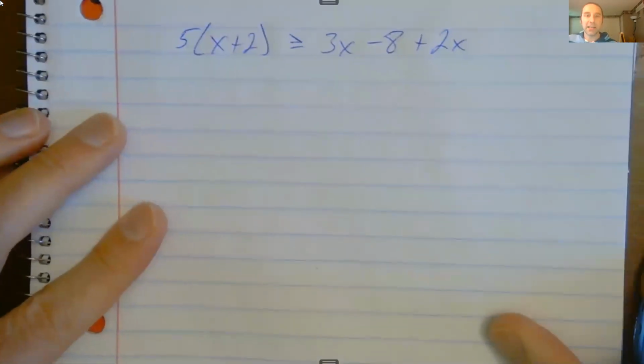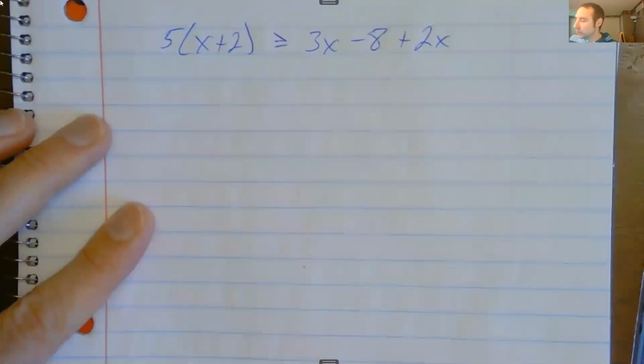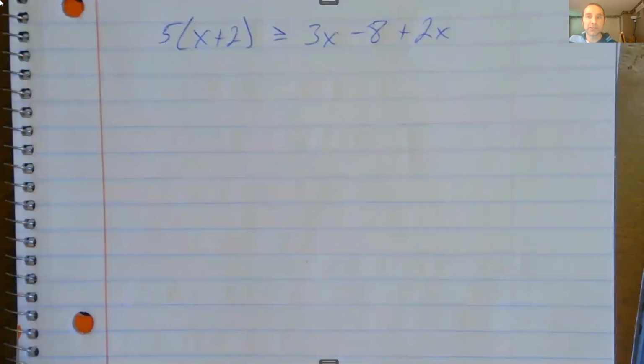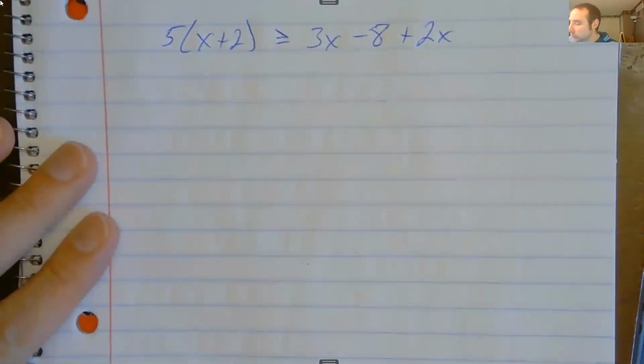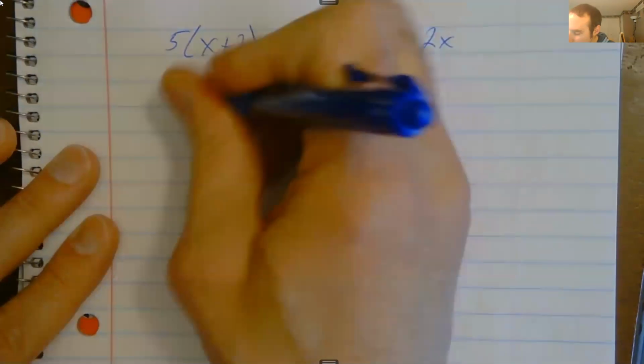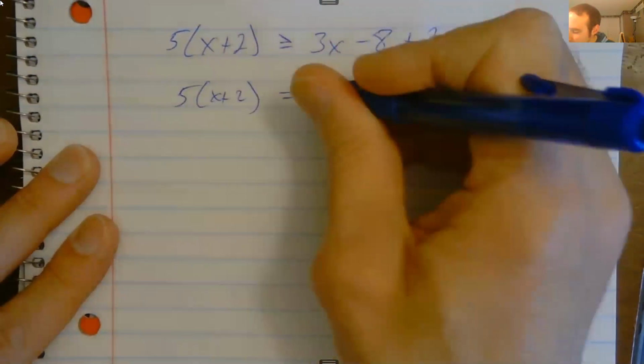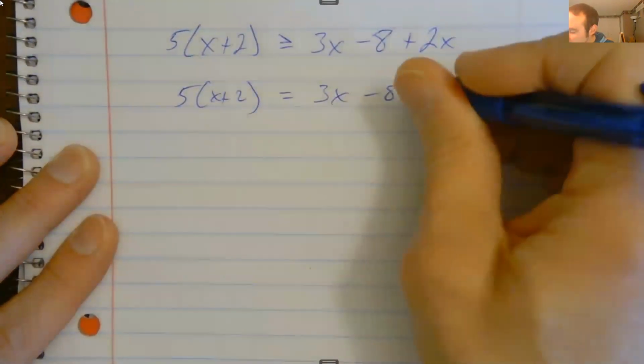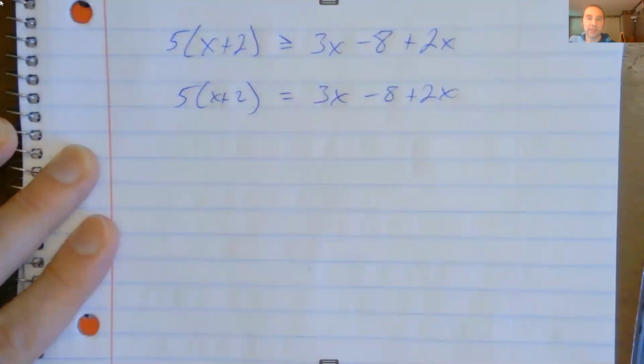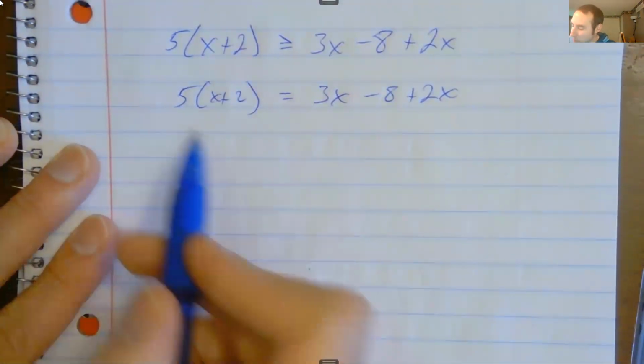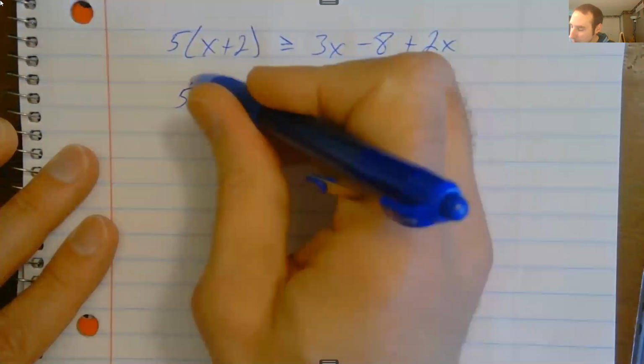We have this inequality: 5 times x plus 2 is greater than or equal to 3x minus 8 plus 2x. Again, the first step is let's just rewrite it as an equation: 3x minus 8 plus 2x. So I have an equation there instead of an inequality. I'm going to distribute on the left side to solve this.